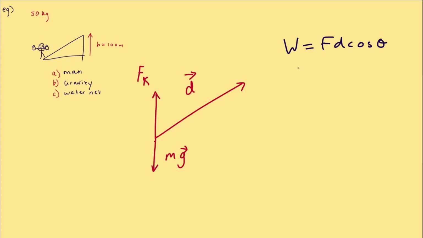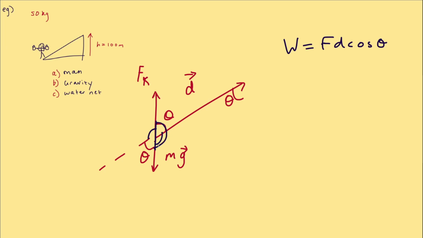But let's go through some math so you can get a better, deeper understanding. Let's see what angle gravity is working at relative to the displacement. If this is theta, then this is also theta, which means this angle across here is theta. Then this inside angle is the angle that gravity is working at with displacement.